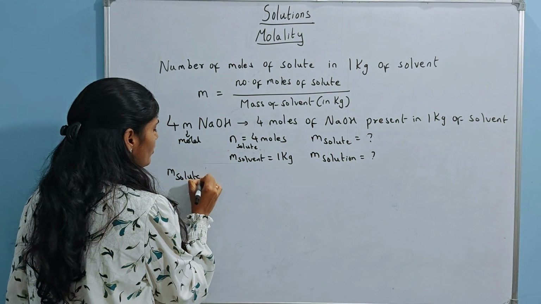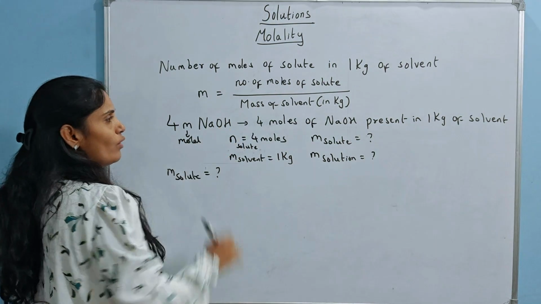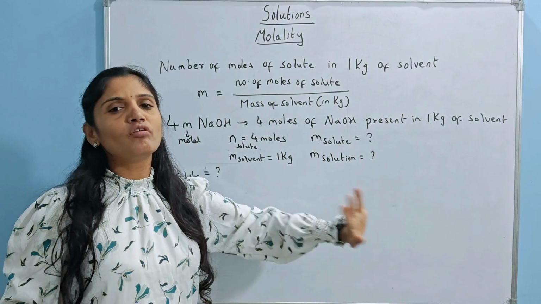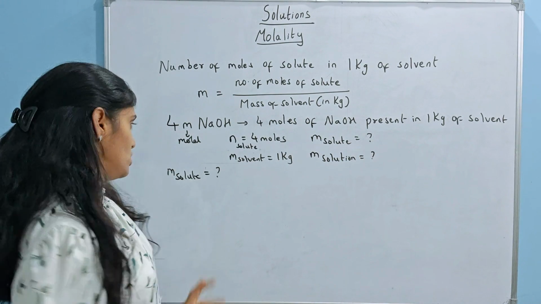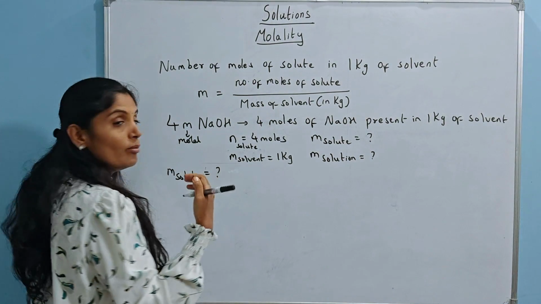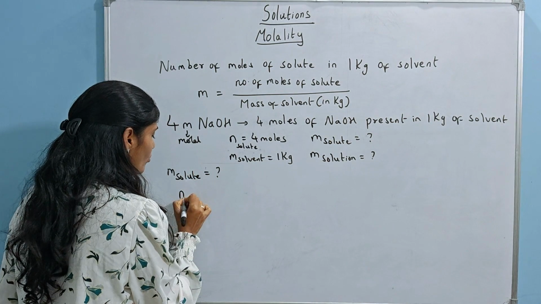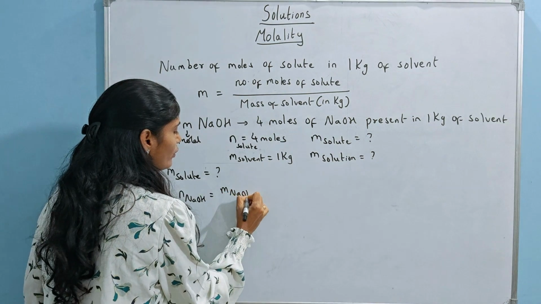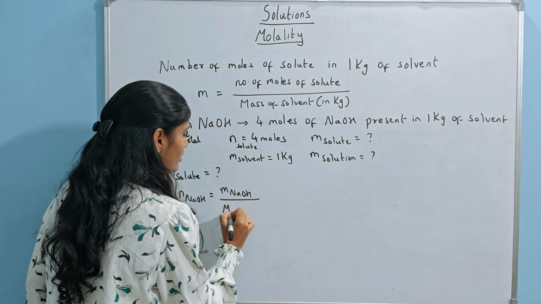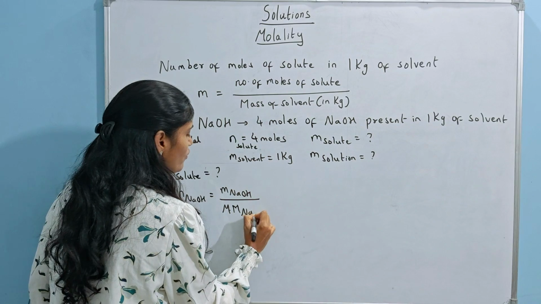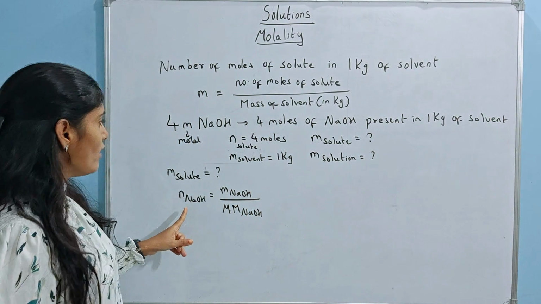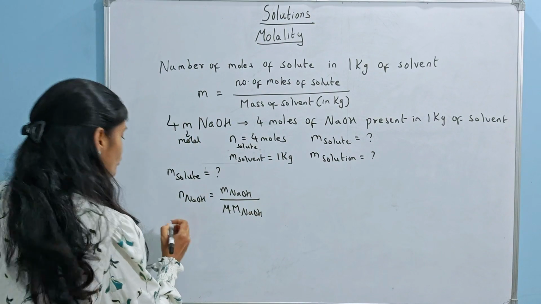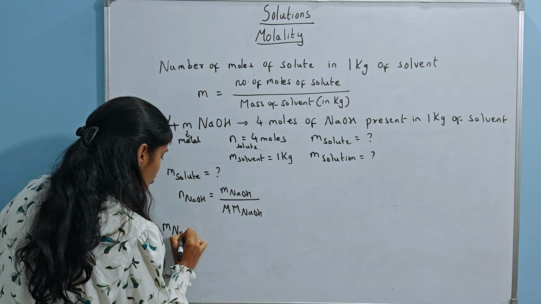Mass of solute, I am trying to find out. What is the solute here? NaOH. NaOH is my solute and 1 kg is the solvent we are taking. Usually we take water. Because it is NaOH, number of moles of NaOH is equal to mass of NaOH divided by molecular mass of NaOH. Do I have the number of moles of NaOH from the given data? Yes. So just cross multiply.